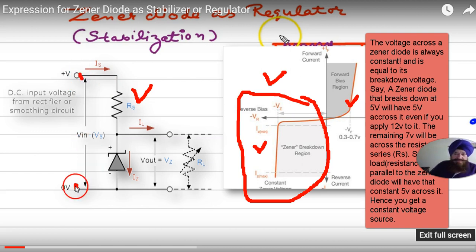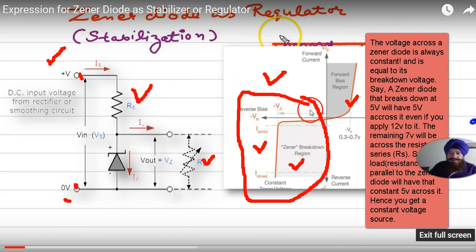Now one thing to be noted, the positive voltage is connected to the N and negative is connected to the P. That means reverse biasing. That means this region. Then here is the load resistance at the output across the Zener.